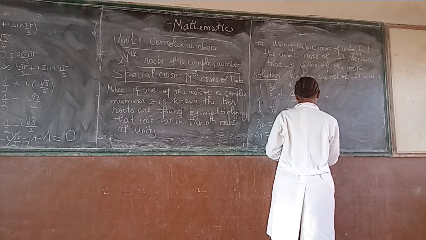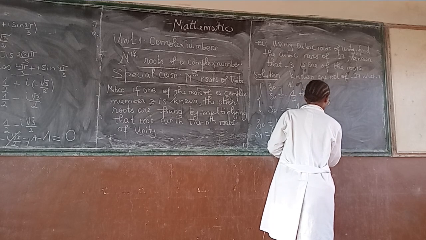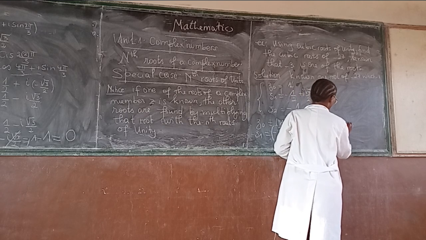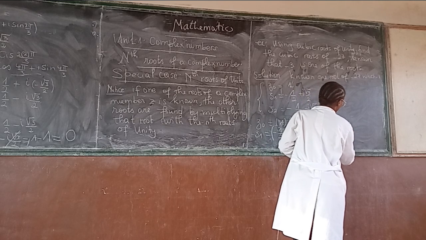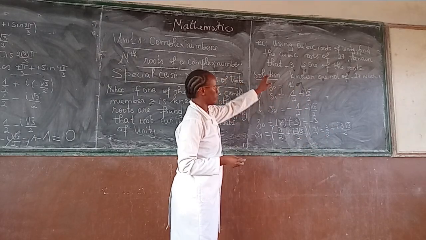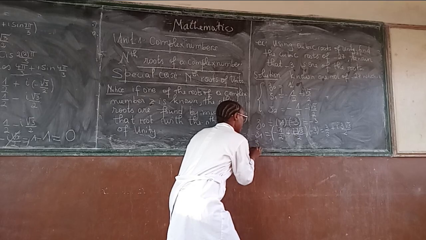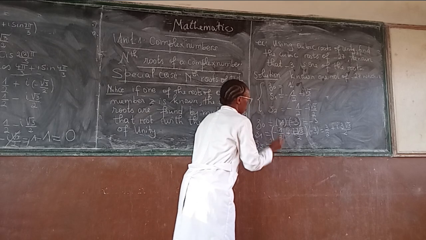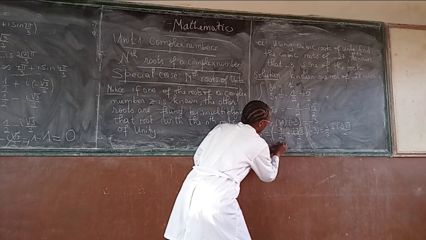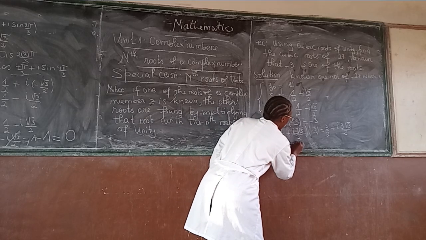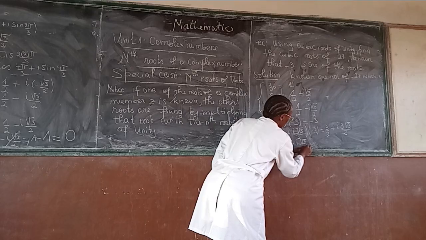If we multiply, we will have 3 over 2 minus i 3 square root of 3 over 2. This is the second root of the complex number negative 27. The third root is negative 1 over 2 minus i square root of 3 over 2.